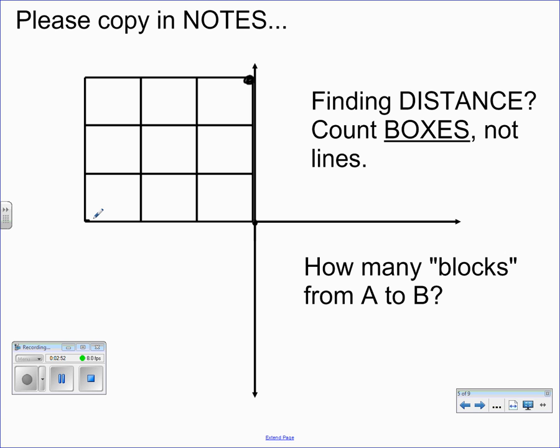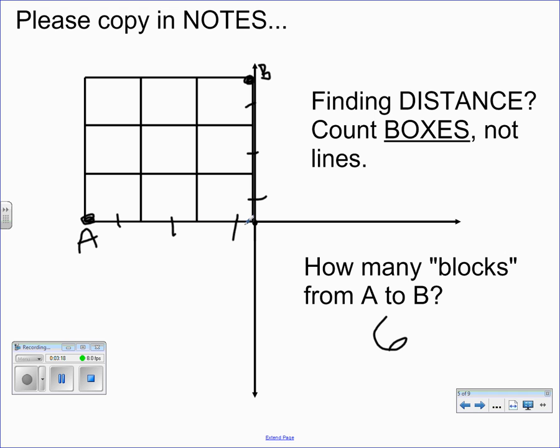Keep it simple, right? Say you want to go from A to B. Instead of saying, oh, I'll go over 1, up 1, over 1, up 1, yeah, you could do that, but isn't it easier just to say I'll go over 1, 2, 3, 4. Notice I counted that one twice. 5, 6 blocks. How far from A to B? 6 blocks. Some people say, well, why did you count that one twice?